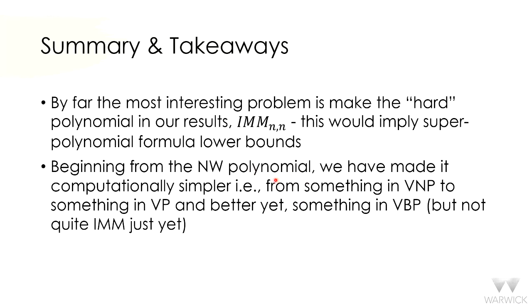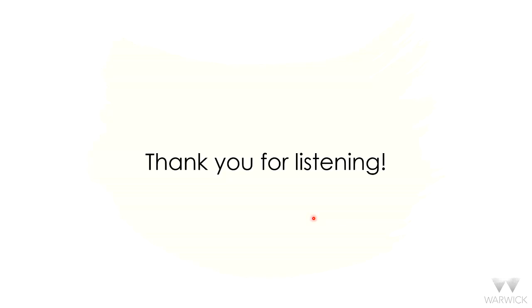The story is, we started from the Nisan-Wigderson polynomial, and we've made it computationally simpler, from something in VNP to something in VP, and now something even in VBP, but not quite IMM just yet. And perhaps we are just one key idea away. So that's where I'd like to end. Thank you.